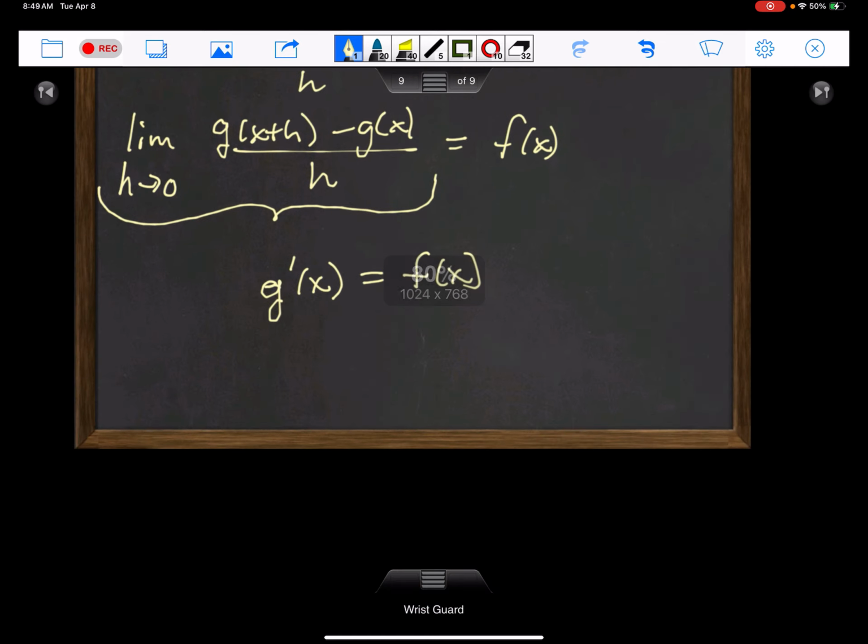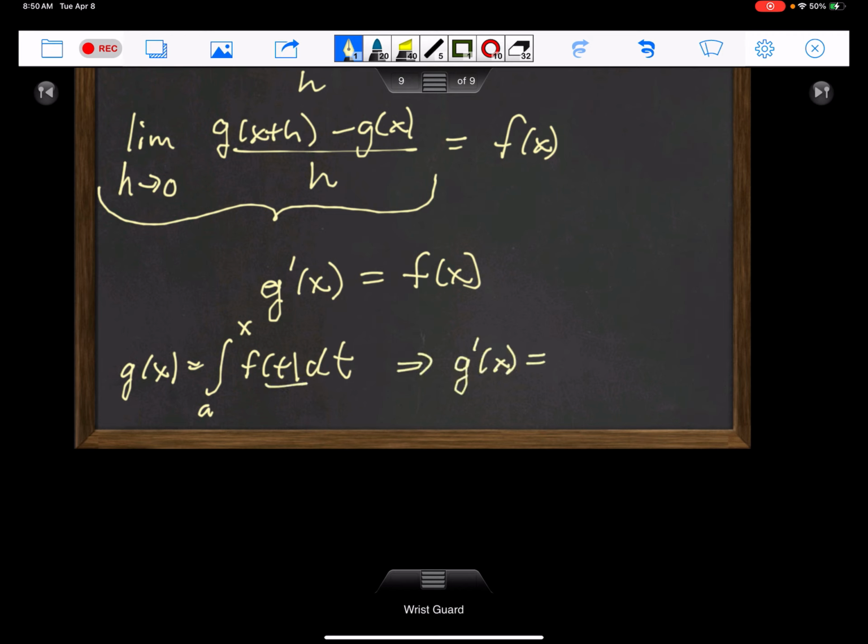Now, to just have it all in one place, remember what we just showed here, that if g of x is equal to the integral from a up to x of f of t dt, so g is the integral of f, then the derivative of g is equal to f evaluated at that right endpoint. What? So the derivative of the integral is our function.